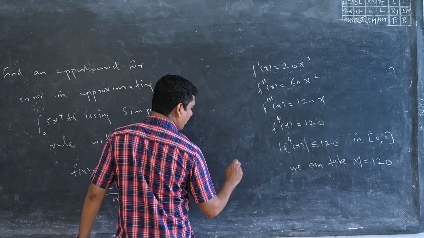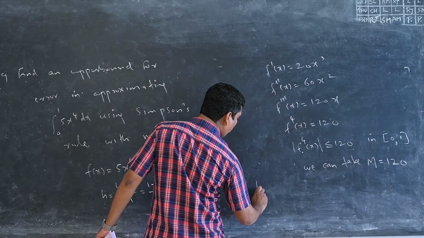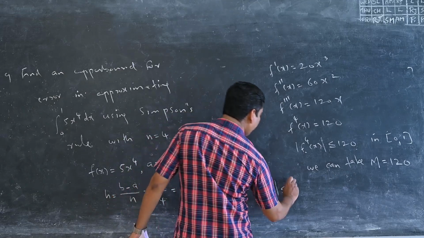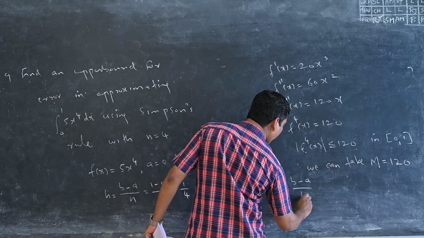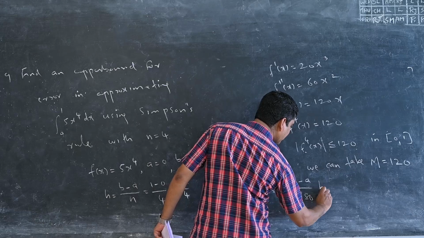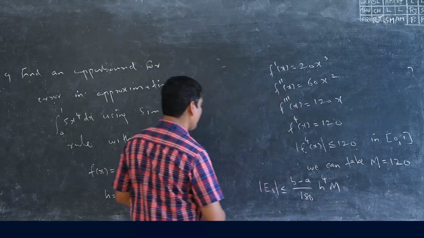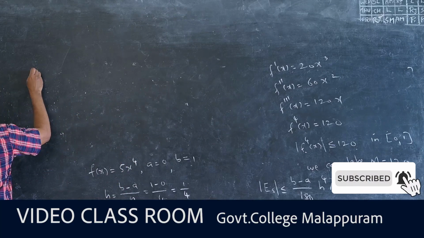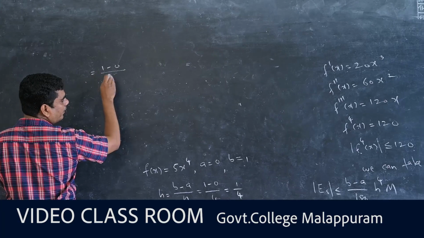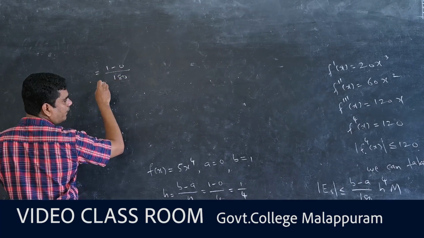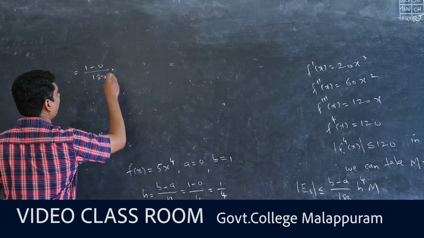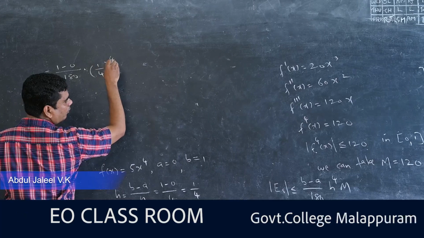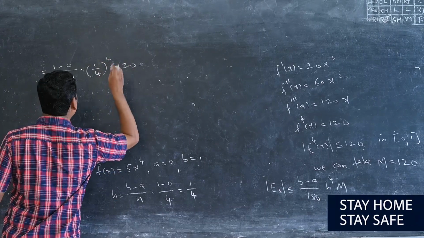Now the magnitude of the error for Simpson's rule, |E_S|, is less than or equal to (b minus a) divided by 180 into h raised to 4 into M. So that is equal to (1 minus 0) divided by 180 into (1 by 4) raised to 4, into M, and we can take M equal to 120.